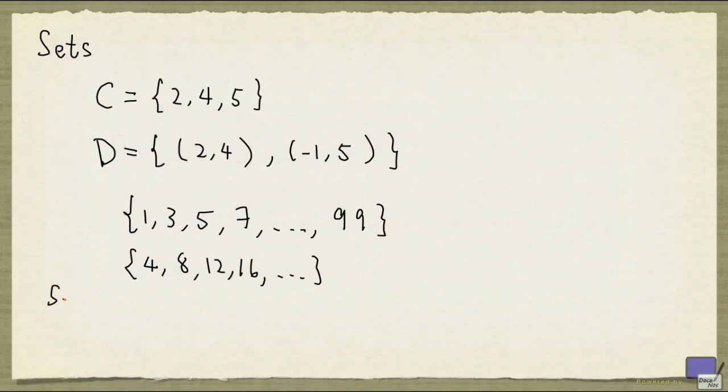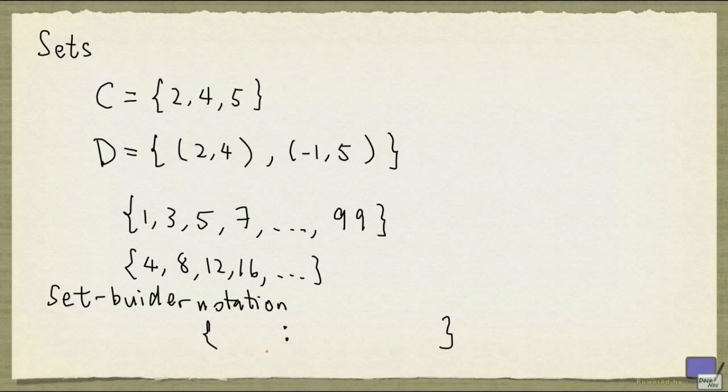Another option to specify a set is to use set builder notation. Again, we are going to have the sets specified within curly brackets, but this time there is something more. In this notation, you will see a colon somewhere in there, and you have the form of the element appearing before the colon. In this case, it's n cubed. And then after the colon is a predicate.